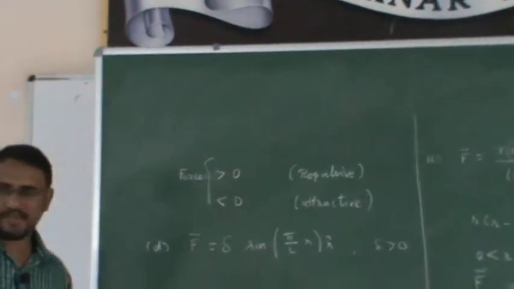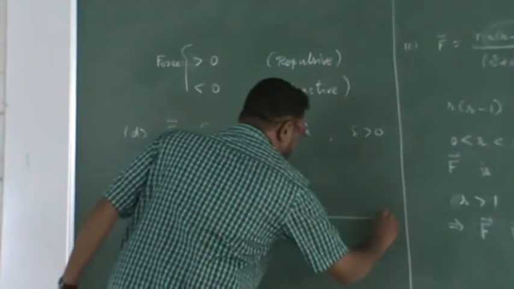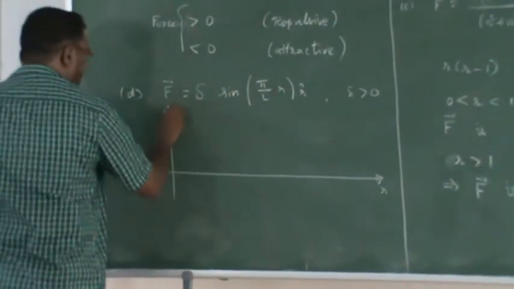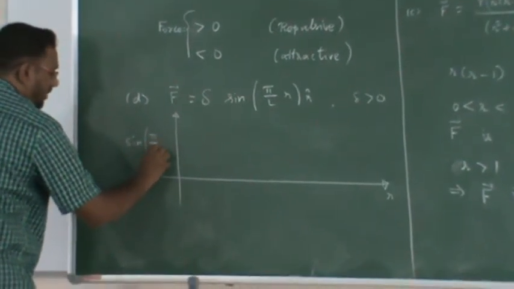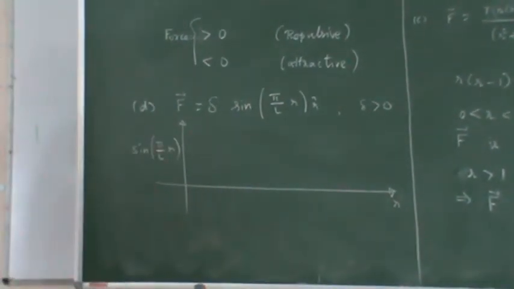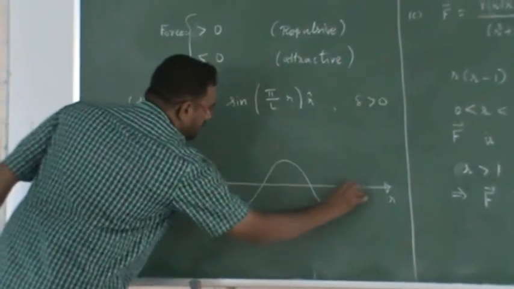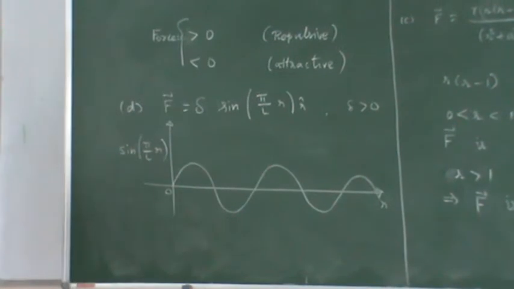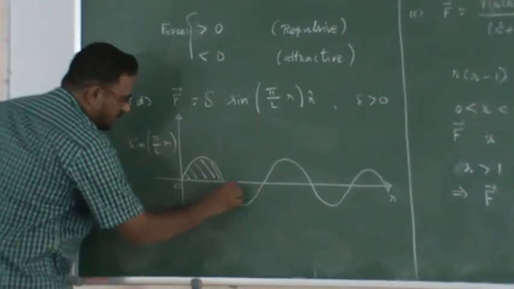So this is r and this is sine of pi by l r. The sine function goes like this. This is positive and this is negative.